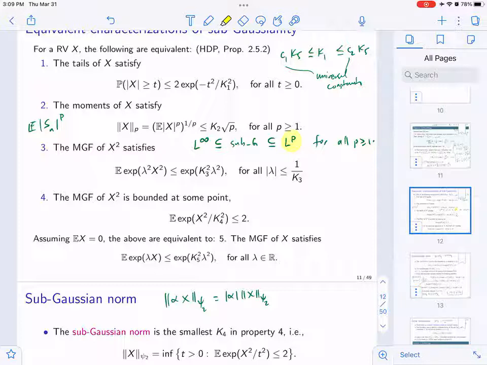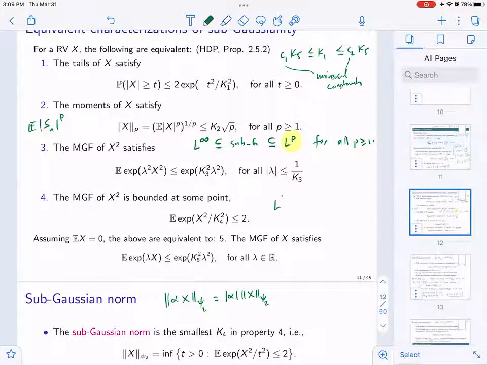So LP is going to be inside LQ if P is bigger than or equal to Q. For example, L2 is inside L1, and then L3 is inside L2. So it gets smaller. P bigger than Q. Yeah, the higher the moments, the smaller the class is.